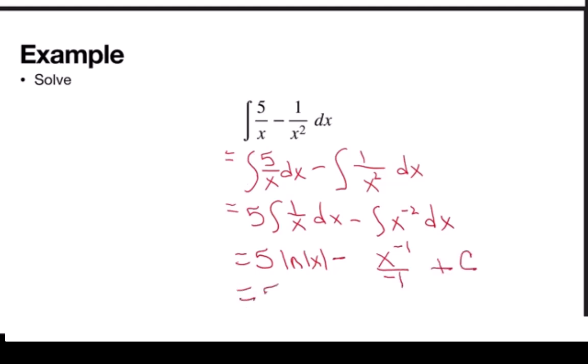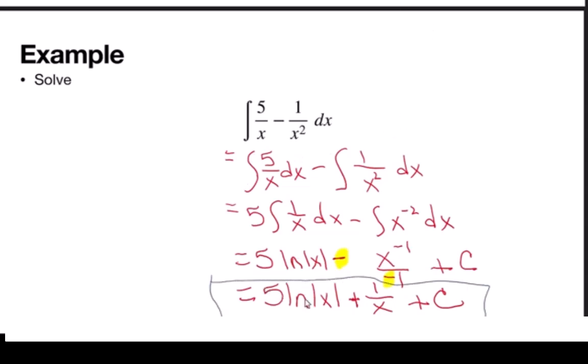This is equal to 5 ln of x plus, because I have this minus and a minus 1, those combine to give me a positive, and I get 1 over x plus c. And again, this would be my final answer. And if you take the derivative of this, you will get 5 over x minus 1 over x squared.